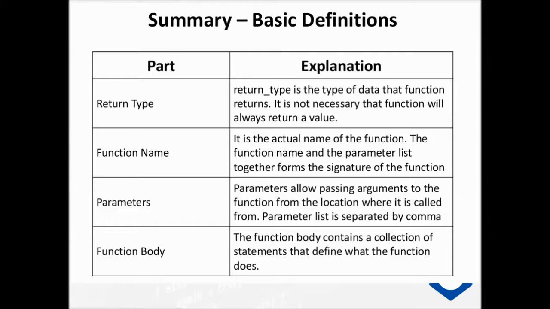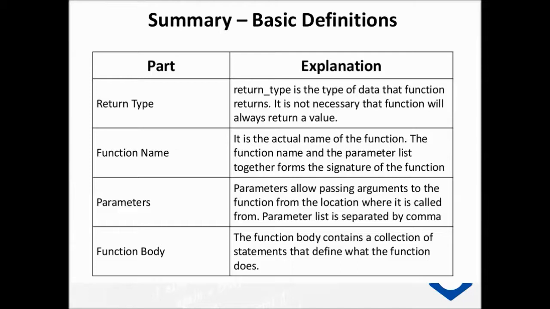So again, return type. Return type is the type of data that the function returns. It is not necessary that a function will always return a value. Function name is the actual name of the function. The function name and the parameters list together form the signature of the function.